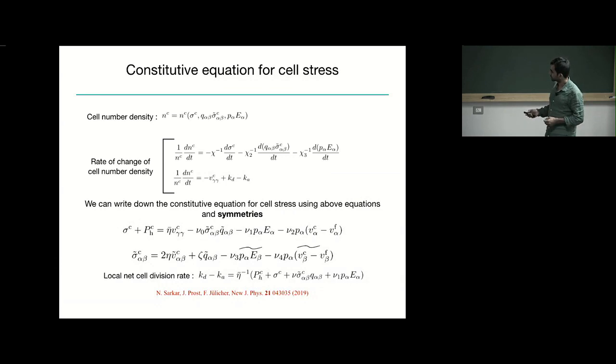That contains contributions from the homeostatic pressure, the viscous term, the anisotropic part of the cell stress, the electric field, and also the difference in velocity between cells and fluid. This is a phenomenological equation, and you can take into account all the terms that can give rise to it.